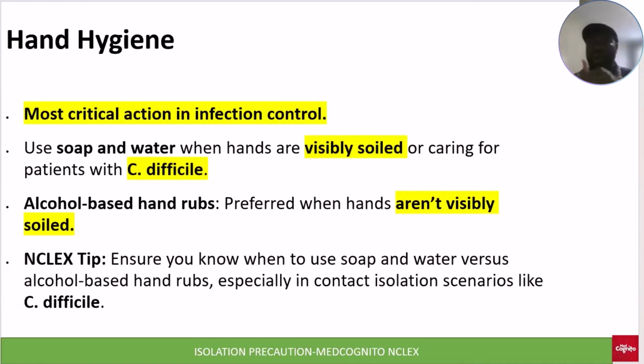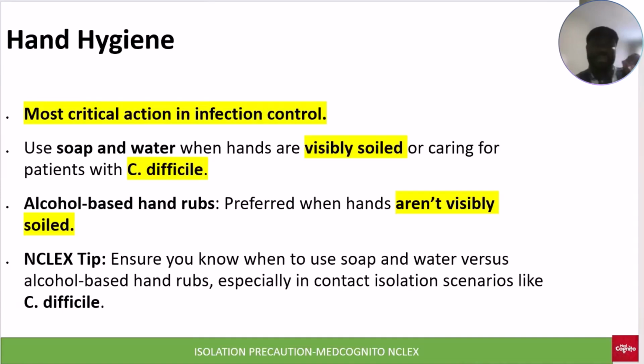When do you use alcohol hand rubs? You use alcohol hand rubs when there isn't visible soiling of the hand. So, when will I use soap and water? When my hands are visibly soiled, or when I'm dealing with a client who has C. difficile. When am I going to use alcohol hand rub? When my hands aren't visibly soiled.